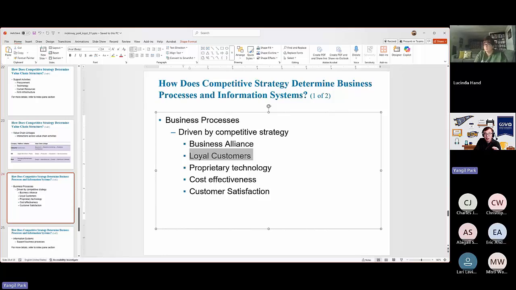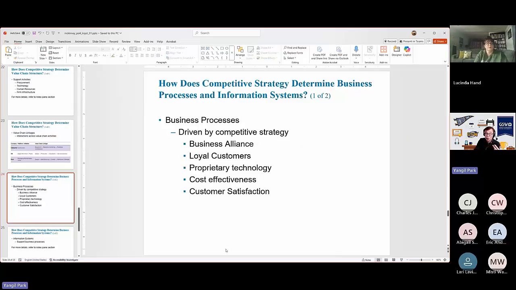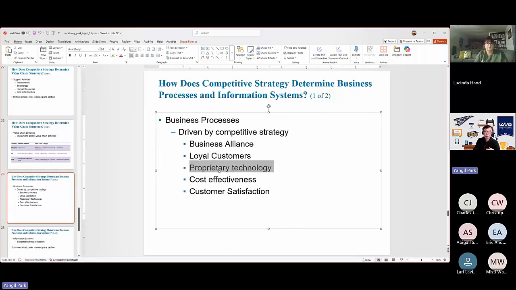And the second, loyal customers, so that you can make your customers loyal to your brand, right? Proprietary technology, okay? Like creating your patents, right? It's like Apple.